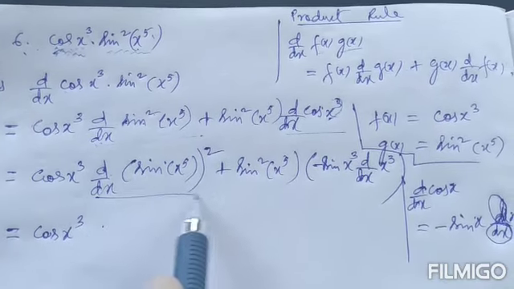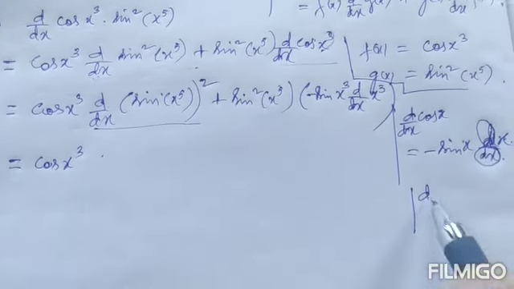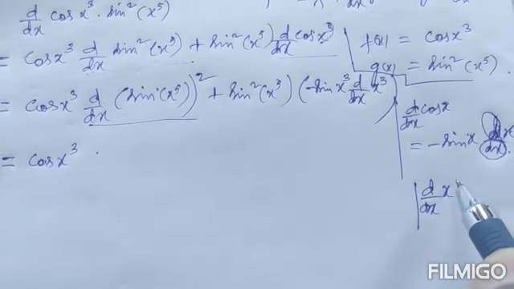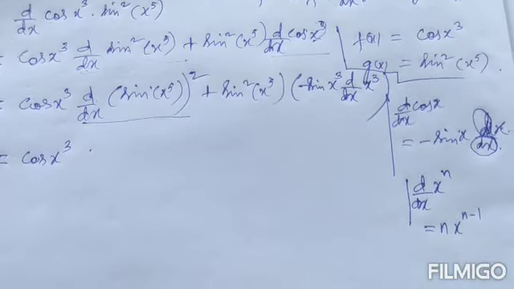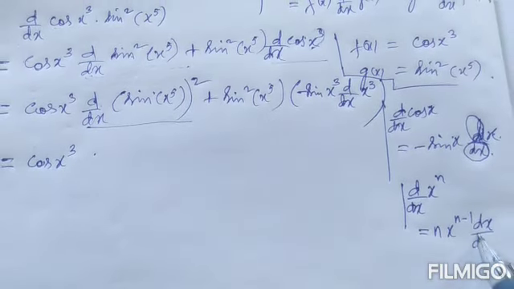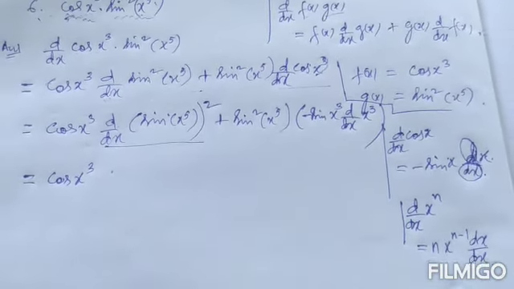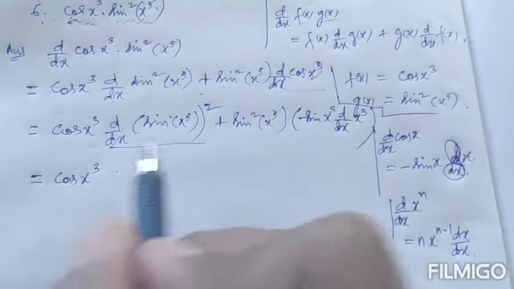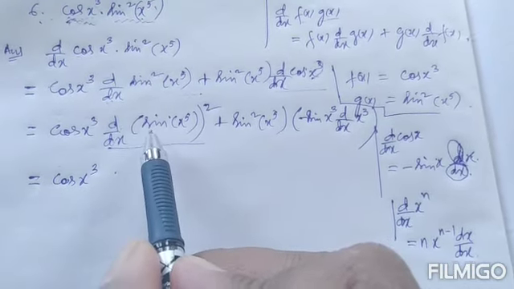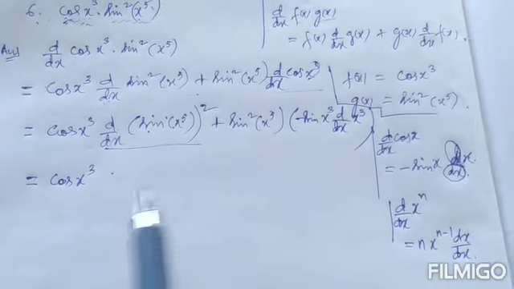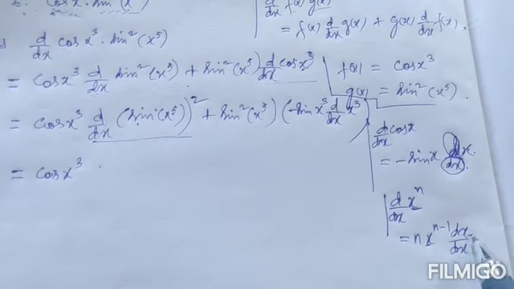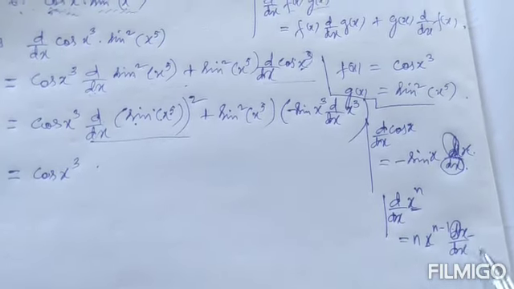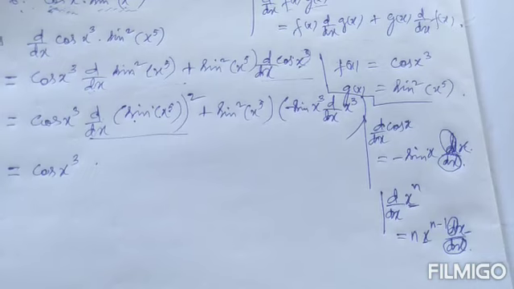Now I have to differentiate this one with formula number 1. d by dx of x power n is equal to n and then x power n minus 1 dx by dx. So in place of x, what will come in this case? Sin of x power 5. So wherever x is present, sin of x power 5 will come, whereas d will remain the same, dx will remain the same.